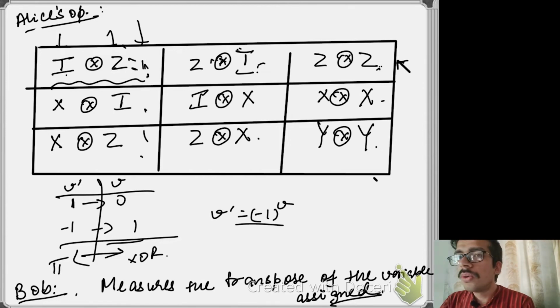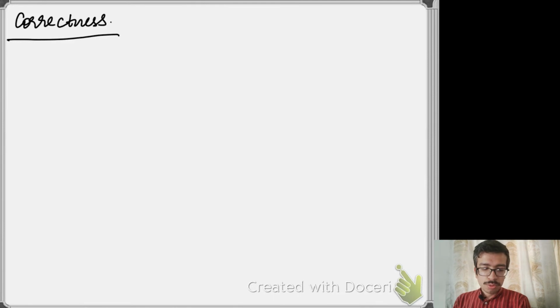Now, why is this strategy correct? There are 3 things which we'll need to verify. Firstly, we need to verify that operators in a row and column commute.